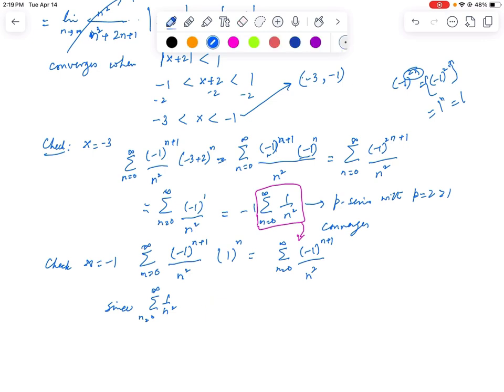Let's say, since this is equal to the absolute of negative 1 over n squared, so I'm taking this negative 1 inside, since this converges, the summation converges by the absolute convergence test.